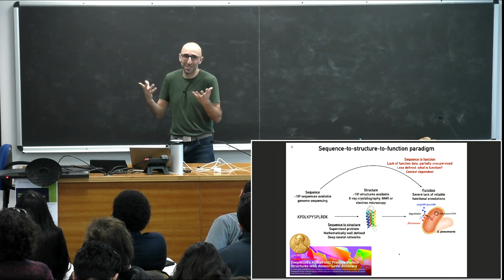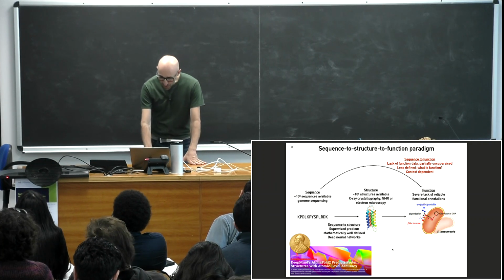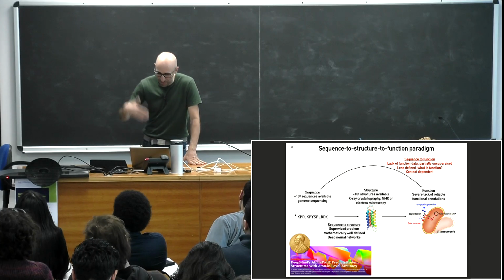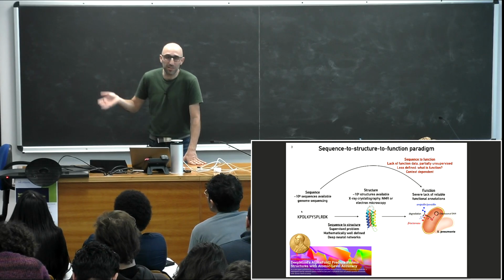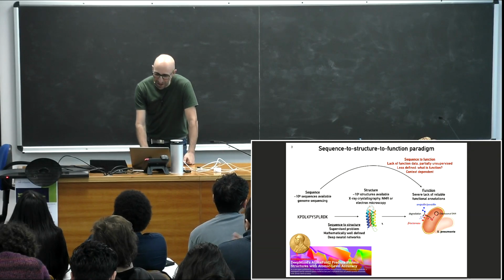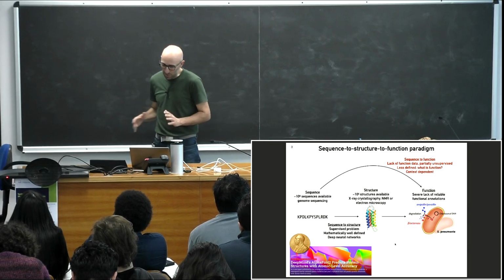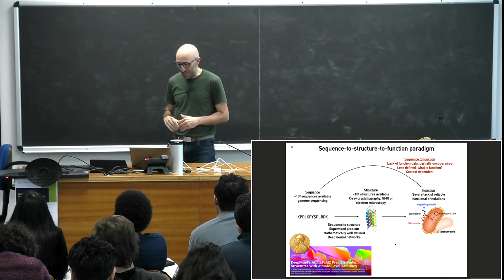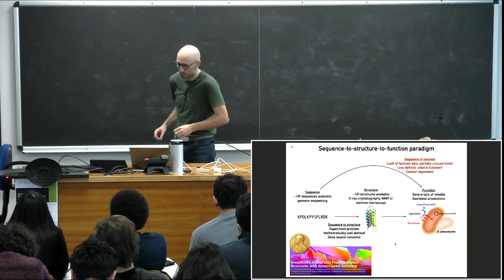So both things are mathematically well-defined, and you have many data. So we have now, I mean, this keeps growing, but we have of the order of 10^8 protein sequences that are available in databases, and we have of the order of 10^5 structures. So the problem of mapping sequence to structure is quite well defined, both from the point of view of mathematics and of data science, if you want.